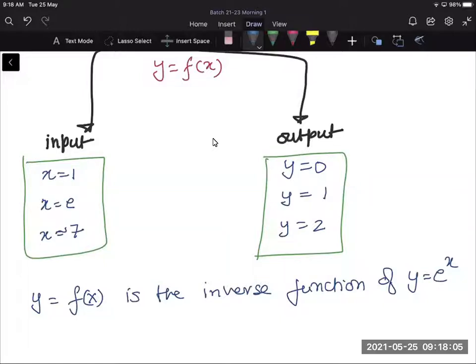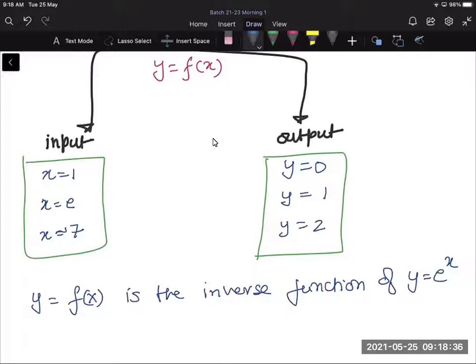But now you construct another function such that the outputs of the first function become the inputs, and the inputs of the first function become the outputs. It is reversed. Then that function is called the inverse of the original function, right? And I hope you'll realize that we can find the inverse of pretty much any function that you may think of, right?